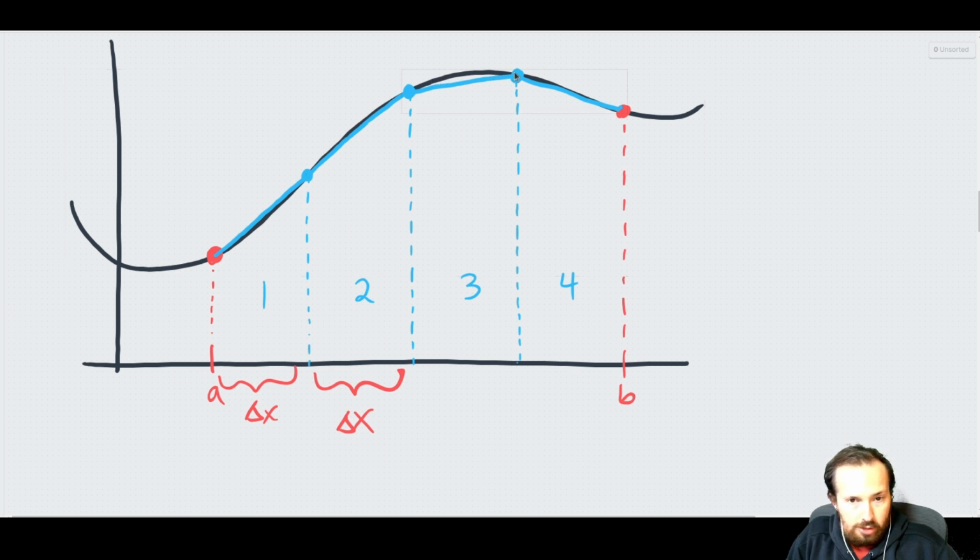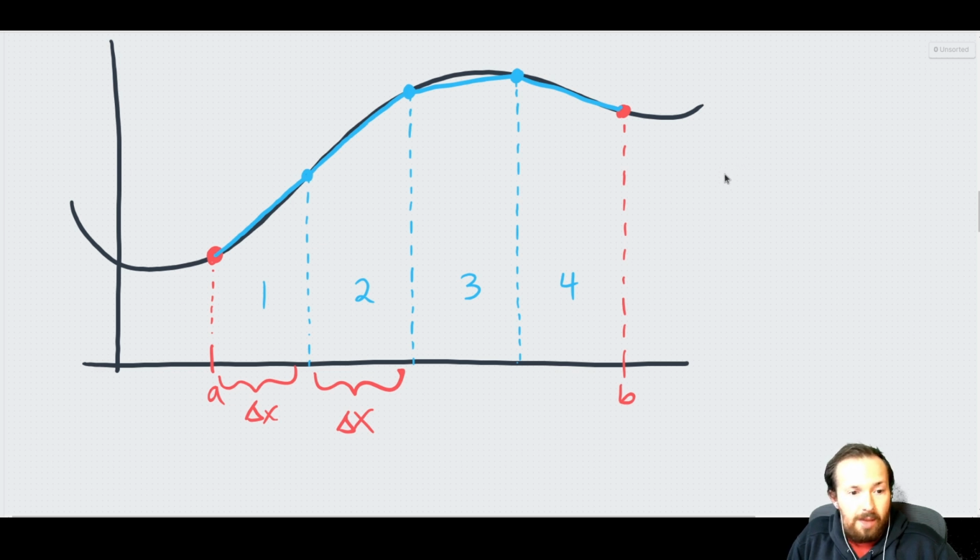Like right here, it's more curved than our approximation is. But again, that's kind of the idea. If you can come up with a geometric formula to find the lengths between the different points at the ends of the partitions, you can just add those up. So that's what we're trying to do here.